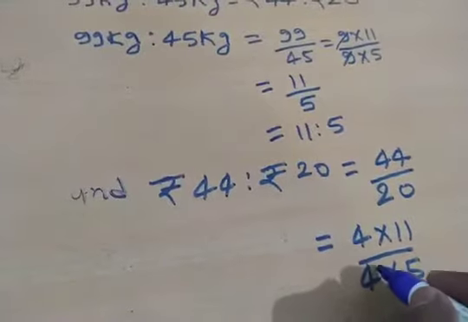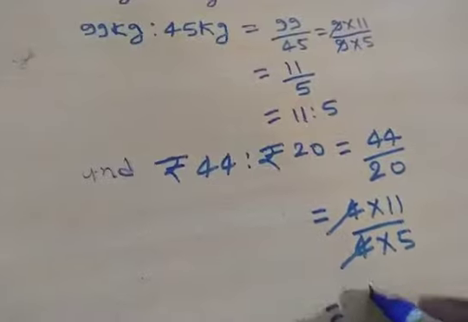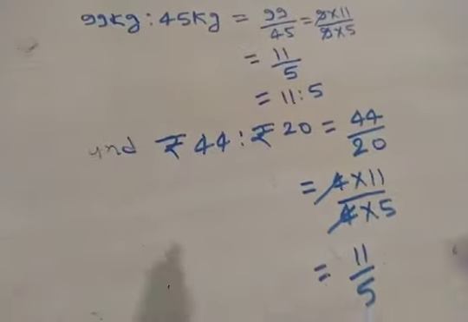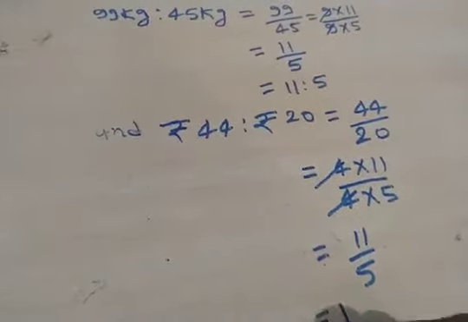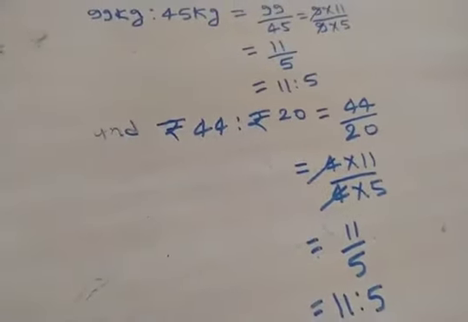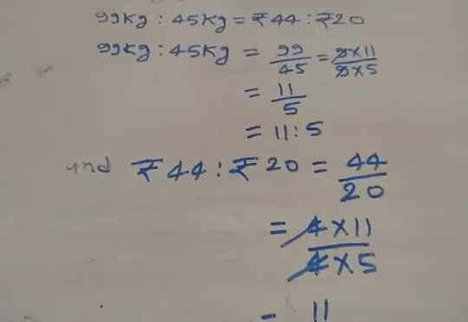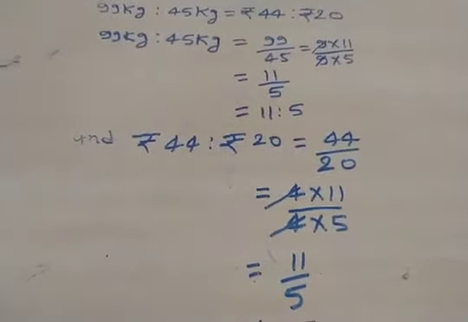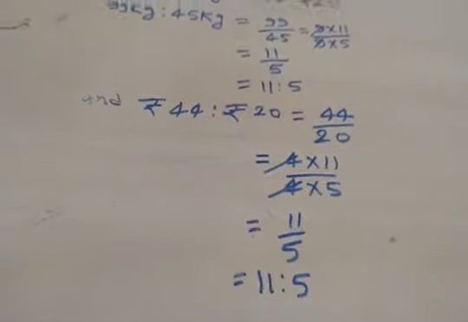So the 4s cancel, we obtain 11 by 5. Clear? So you can write it 11 ratio 5. So here you can see that both side ratios are 11 ratio 5. So this is true.